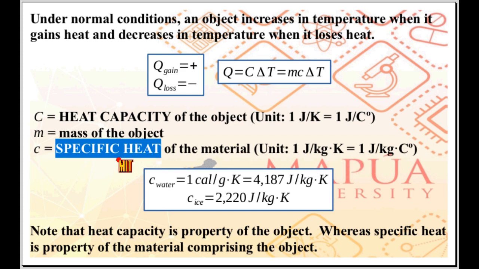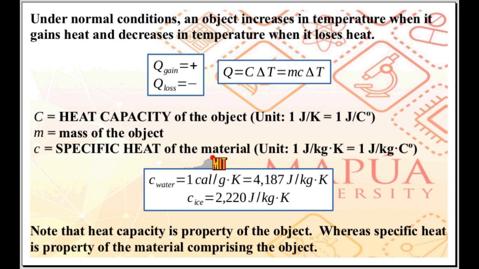Note that specific heat is a property of the material that comprises the object, as opposed to heat capacity, which is a property of the object. So one is a property of the object, the other a property of the material itself.